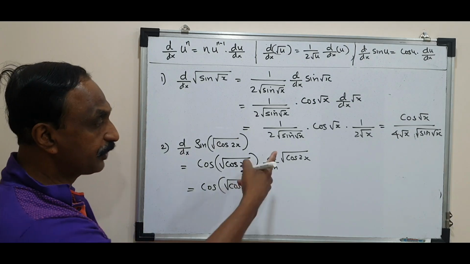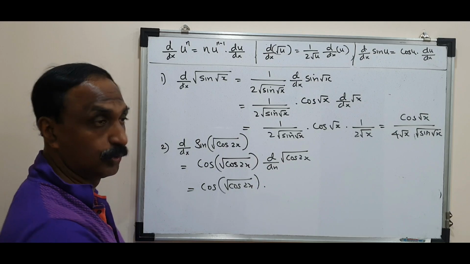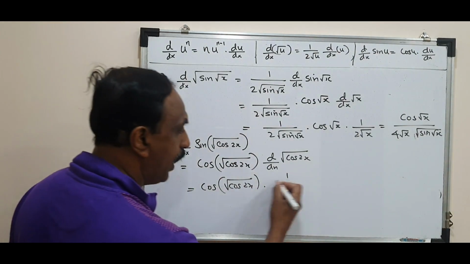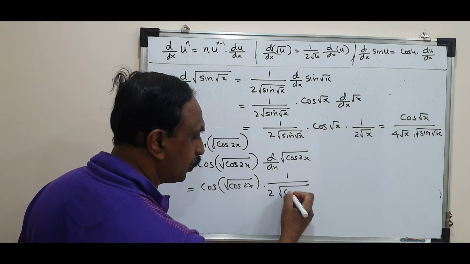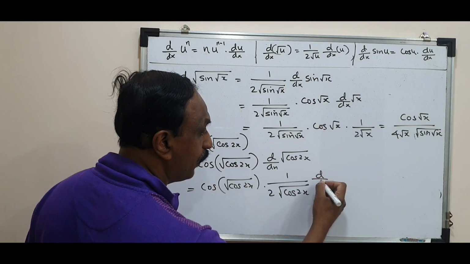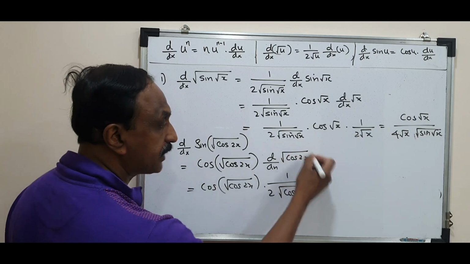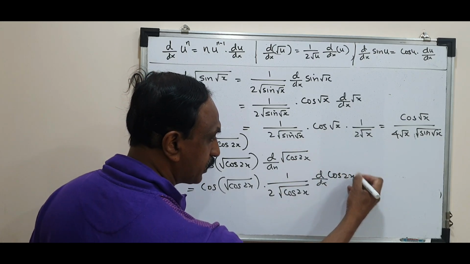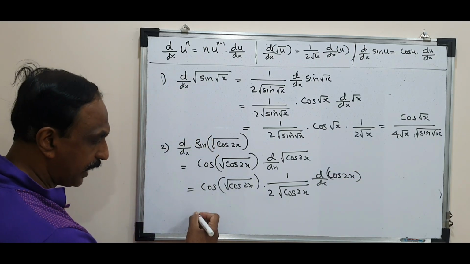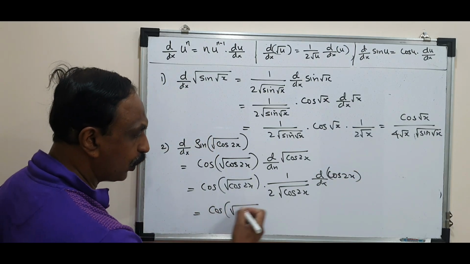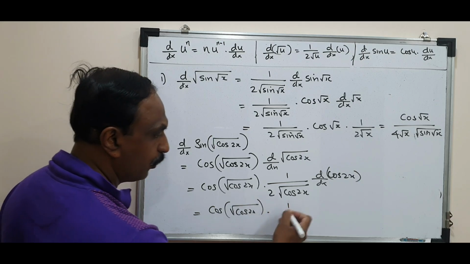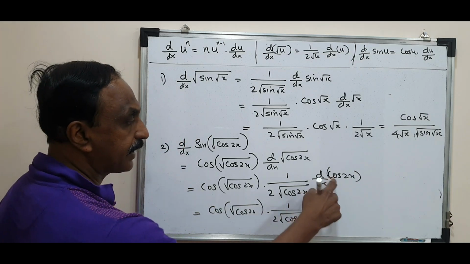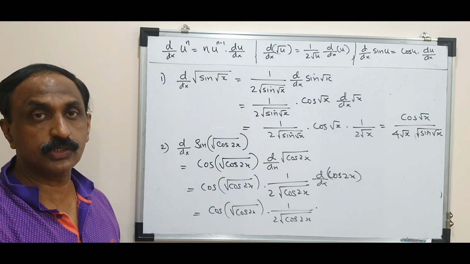Now tell me, what is the derivative of root cos 2x? Which category? Root. What is the derivative of root x? 1 by 2 root x. So 1 by 2 root cos 2x into the derivative of whatever is inside the root. Again, your answer will become cos of root cos 2x into 1 upon 2 root cos 2x. Now comes which category? Cos category. What is cos derivative?